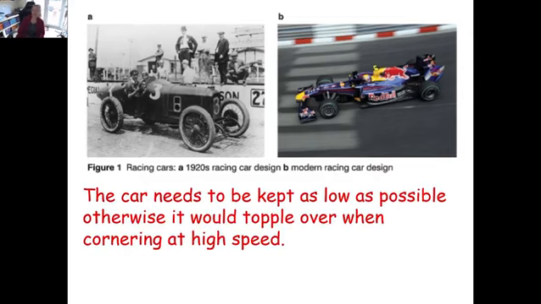Well, of course, obviously we need to keep the cars as low as possible, otherwise they would topple over when the car is turning, going round a corner at very high speed. So we say that they have a low centre of mass. And what do we actually mean by that?